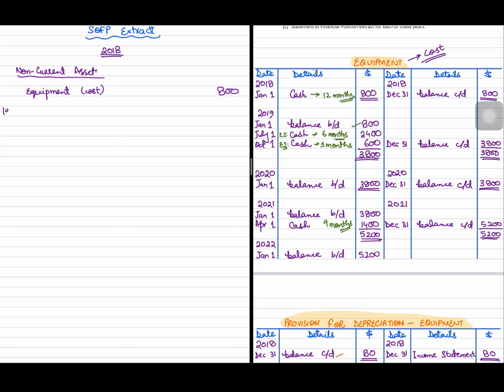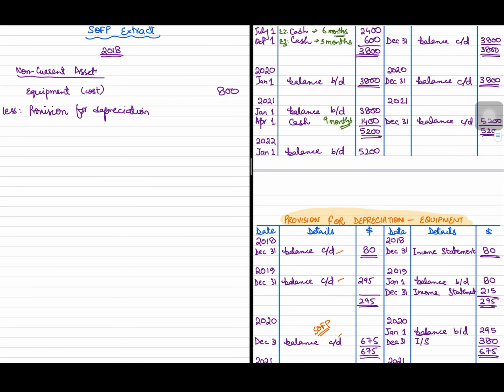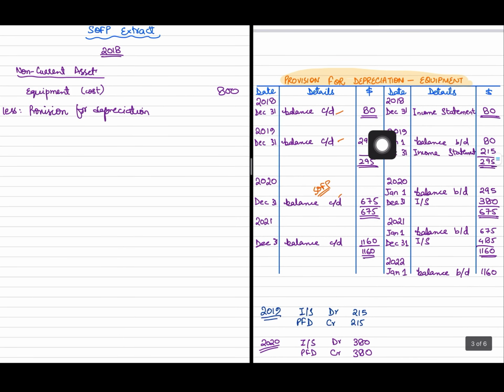Then we know that we have to subtract the provision for depreciation, so less provision for depreciation, and that will be provision for depreciation balance carried down $80, right, on the opposite side, debit side. So less $80 will give me a net book value of 720. This is the first format that you can use to make your statement of financial position extract, right?